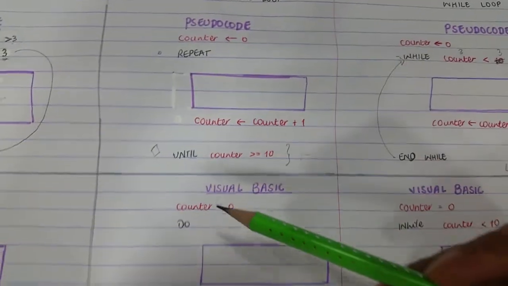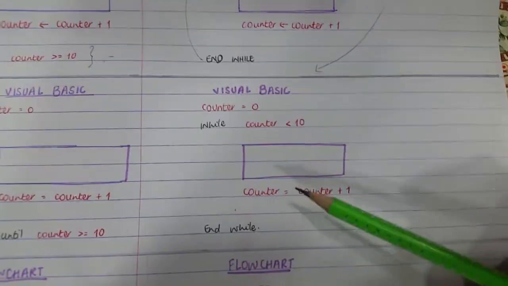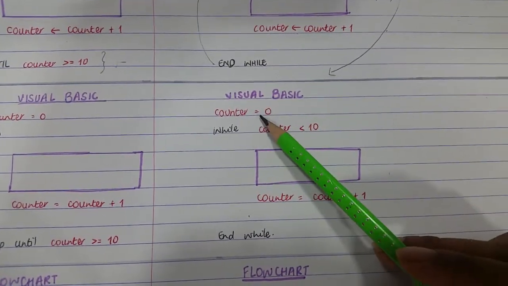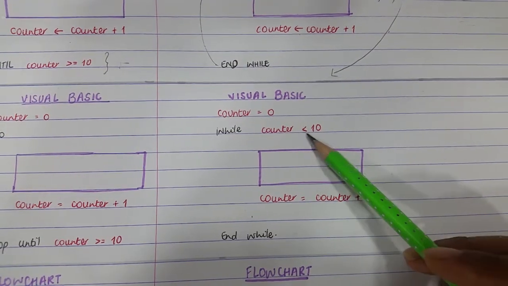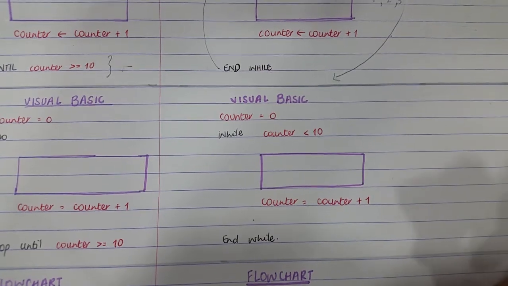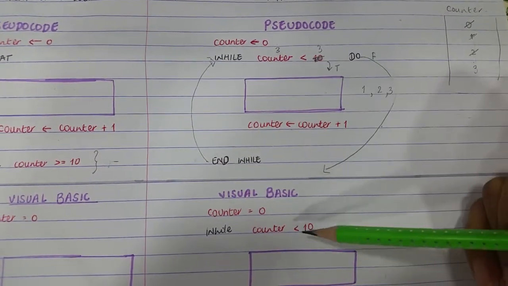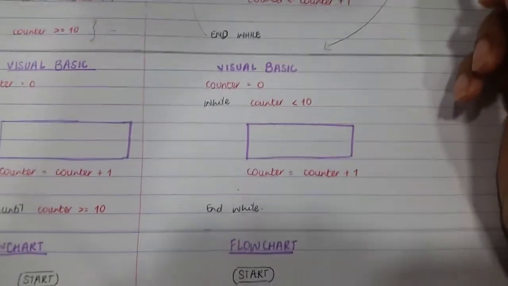When we have repeat until, in Visual Basic there is do loop until. Here, there is while and end while. Likewise in Visual Basic, there is while and end while. So you assign 0 using equal sign. Check if counter less than 10, okay, and increment counter is equal to 1. So in both cases you're using the same type of condition, right?